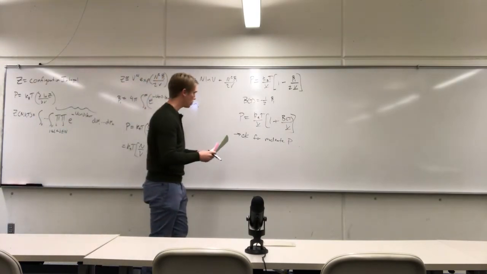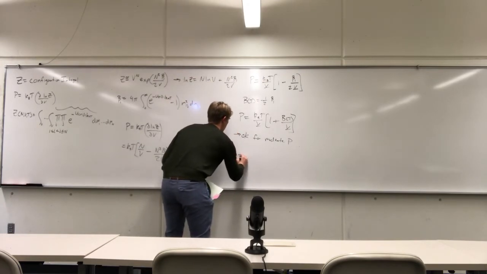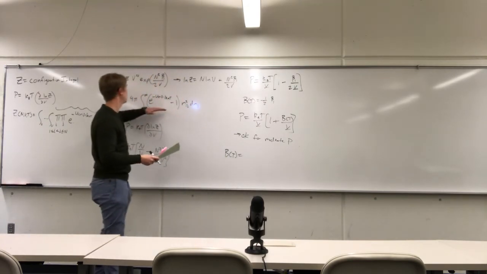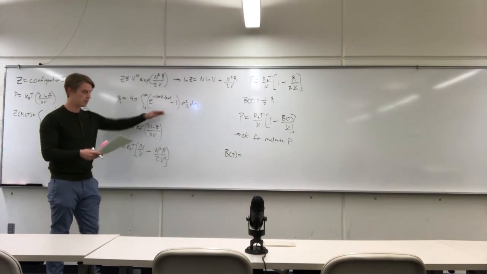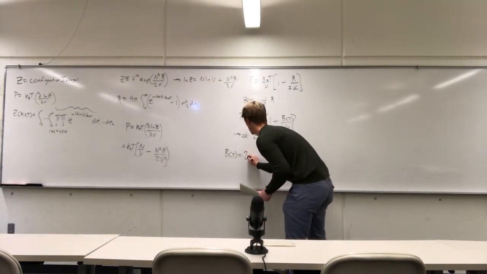But the good news with the virial equation of state is that now we can calculate the second virial coefficient based on the intermolecular potential. So I'll rewrite that here, just based on doing a little quick substitution.